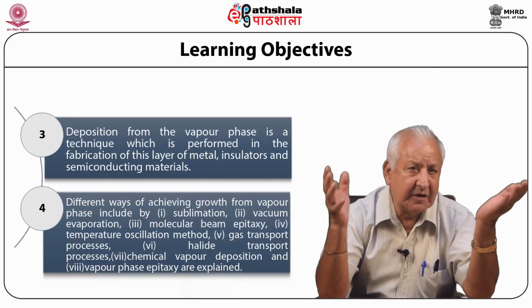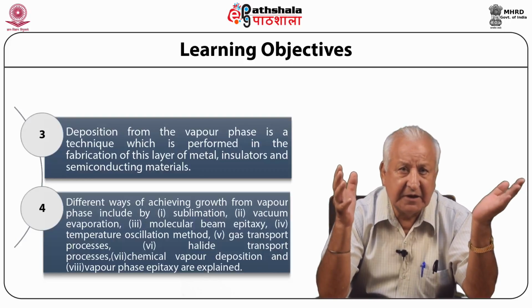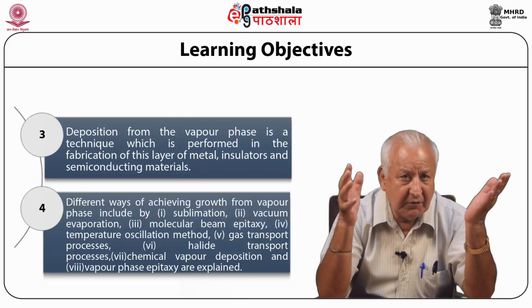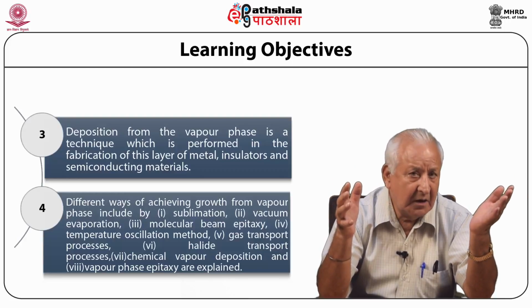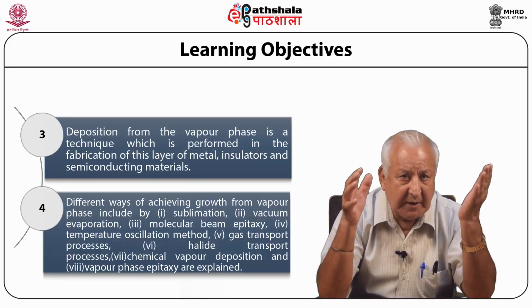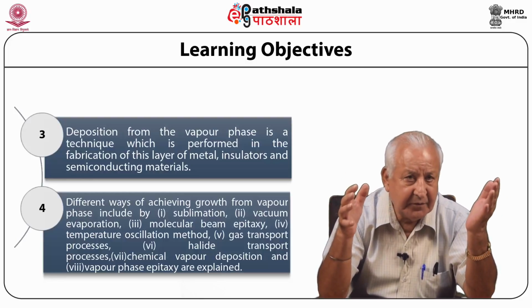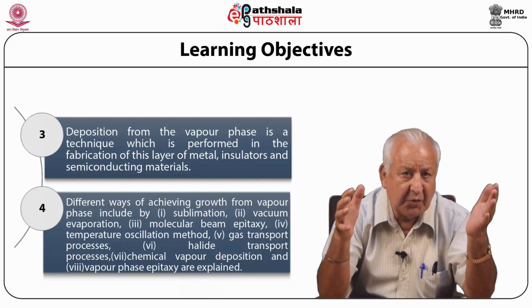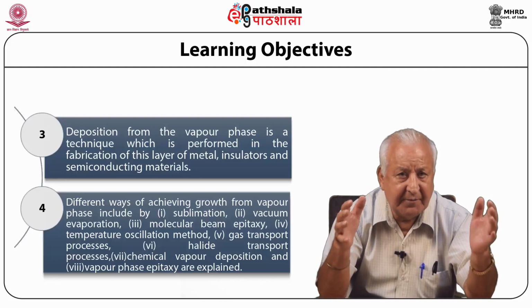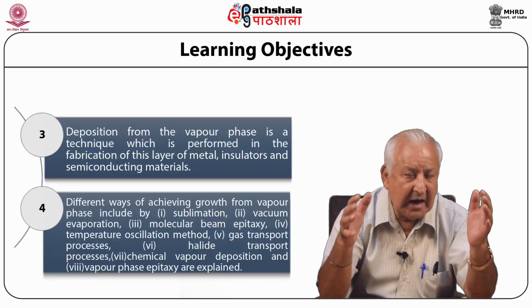Different types of achieving growth from vapor phase include: 1. Sublimation, 2. Vacuum evaporation, 3. Molecular beam epitaxy, 4. Temperature oscillation method, 5. Gas transport processes, 6. Halide transport processes, 7. Chemical vapor deposition, and 8.